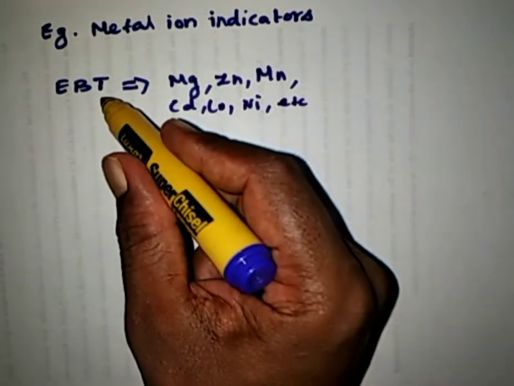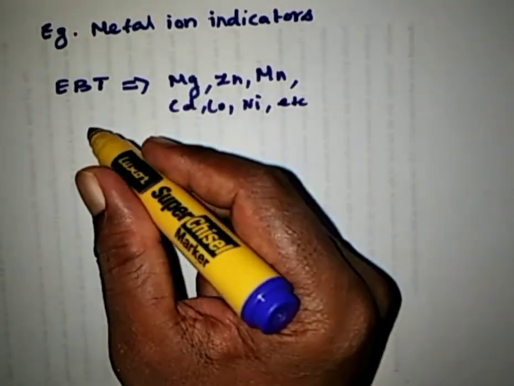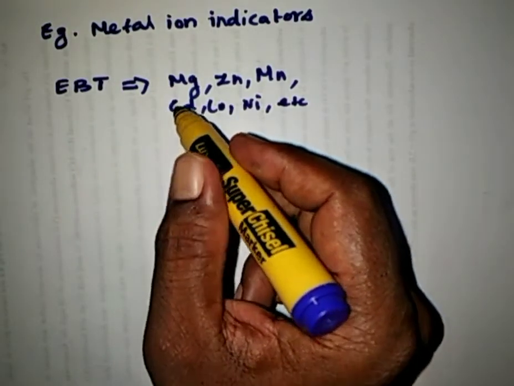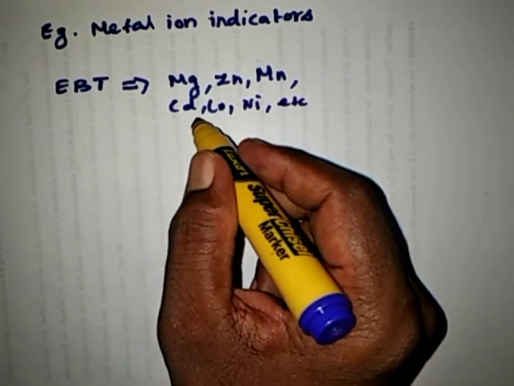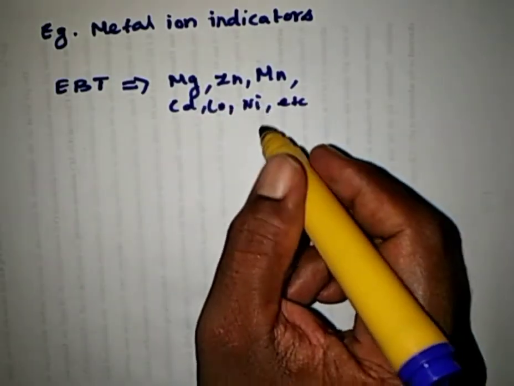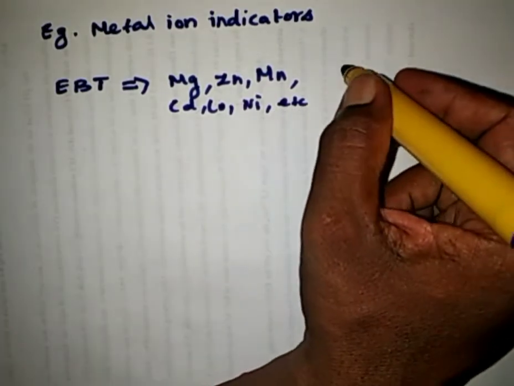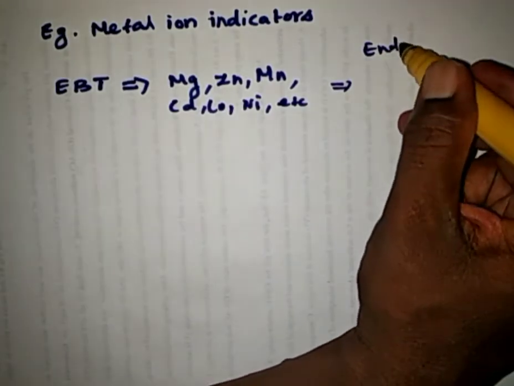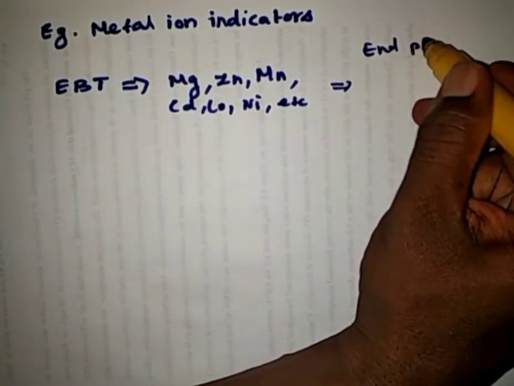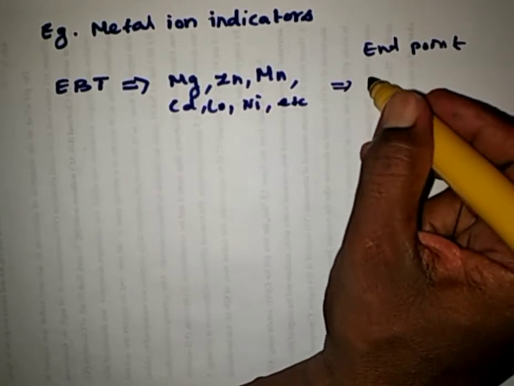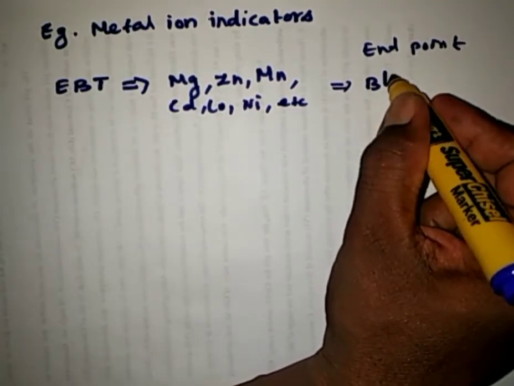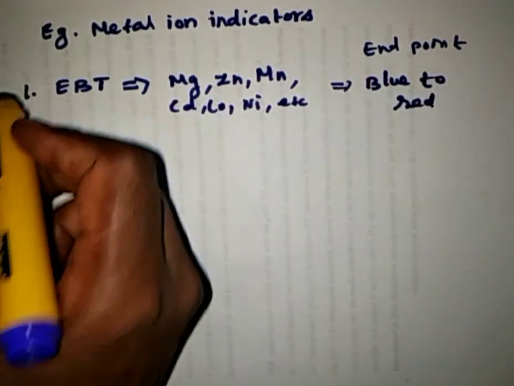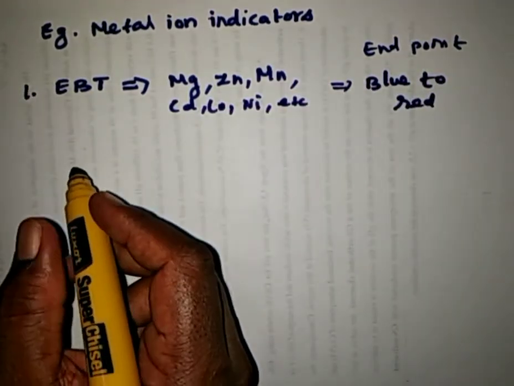It is also called Solochrome Black T. Here the endpoint when we use EBT as the indicator is the change of color from blue to red. This is one example of a metal ion indicator.